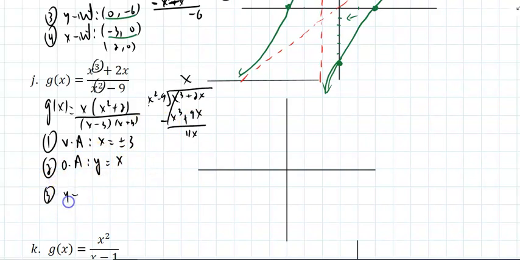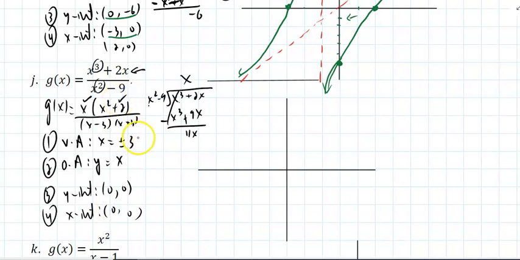3. The y-intercept. Set x equal to 0. Well, I notice if I put 0 there, I'll get 0 over negative 9, which is 0. And 4. The x-intercept. Where does the top equal 0? The top equals 0 when x equals 0, and the bottom can never equal 0.